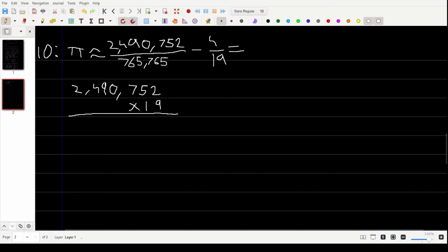Let's try this. 8, carry the 1. 5 times 9, 45. 6, carry the 4. 7 times 9, 63. 7, carry the 6. 9 times 0, that's just 0, so 6. 9 times 9, 81, carry the 8. 9 times 4, 36. That's 44. Carry the 4. 9 times 2, 18.